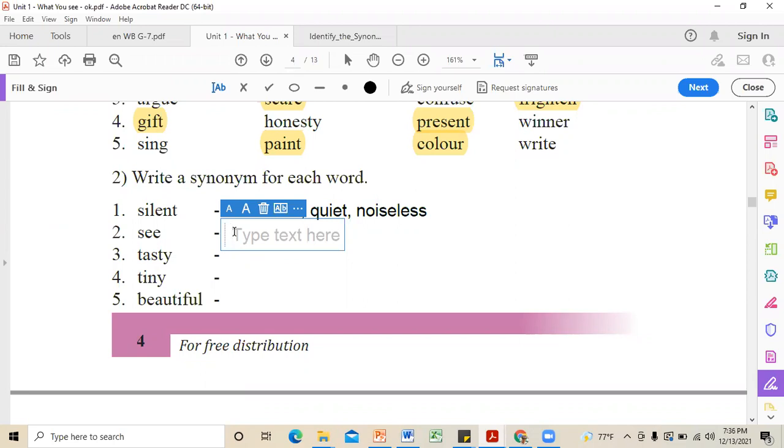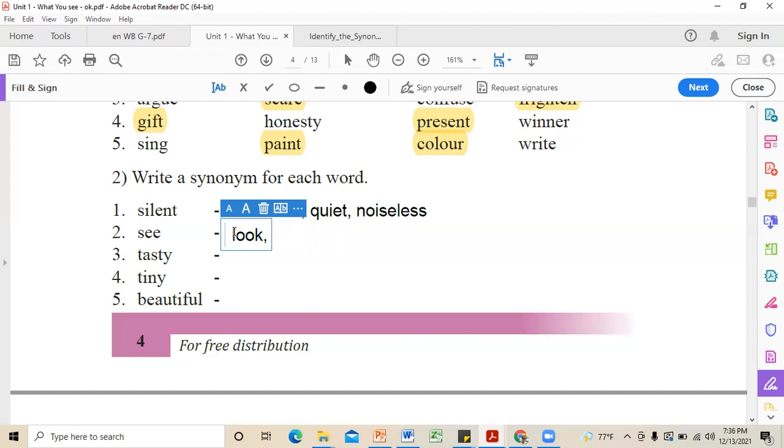Look. Look, yes, very good. Look, right. Right, so any other synonyms which you think we can use for see?